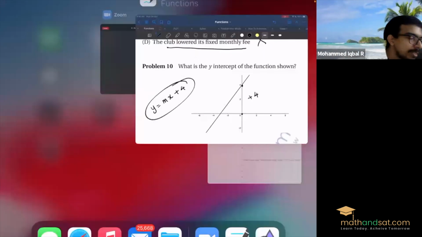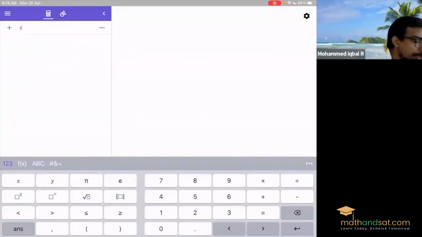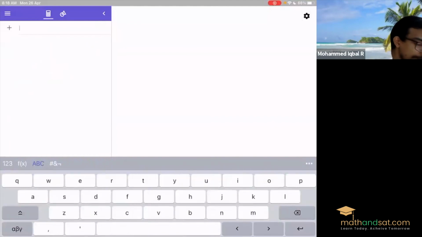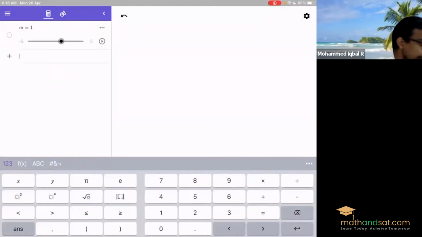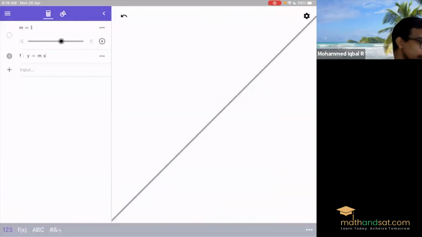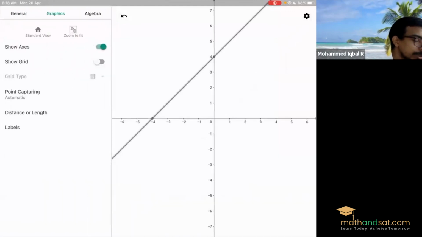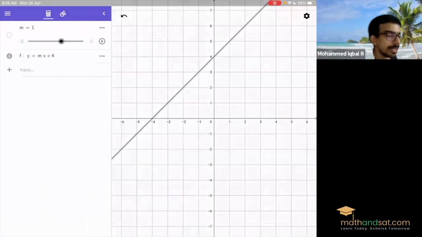So I'm going to take a number m, and plot y is equal to mx plus 4. Please see the graph carefully.